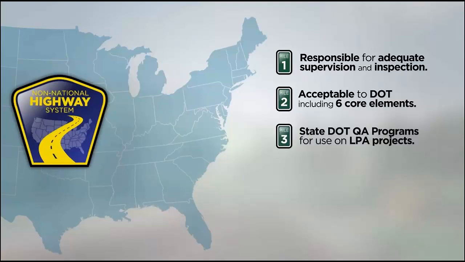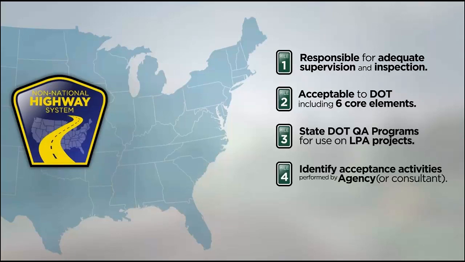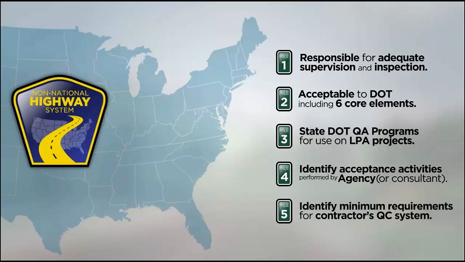Several state DOTs have developed special QA programs for use on LPA projects. We recommend that an LPA identify the acceptance activities to be performed by the agency or by its consultant as a key part of any QA program. In addition, FHWA highly recommends your program identify the minimum requirements for a contractor's QC system to ensure real-time inspection that will head off quality issues.